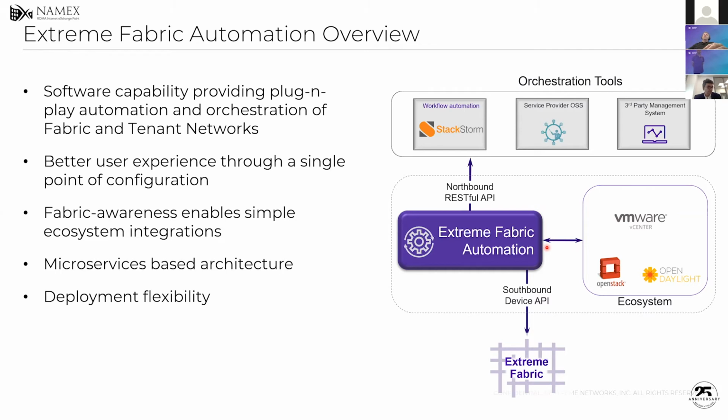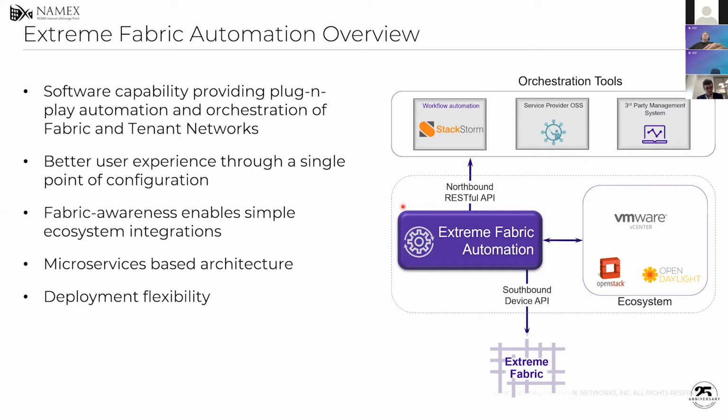And then north of that, you have additional tools that go beyond the network, but will benefit largely from the abstraction provided by Extreme Fabric automation for the network infrastructure. And this might be something like a third-party management system or an OSS system that takes care of your whole customer lifecycle, or you just automate certain workflows that will also include security, firewall rules, for example, or server provisioning, and all these kind of things.